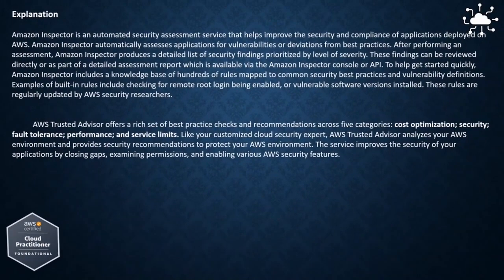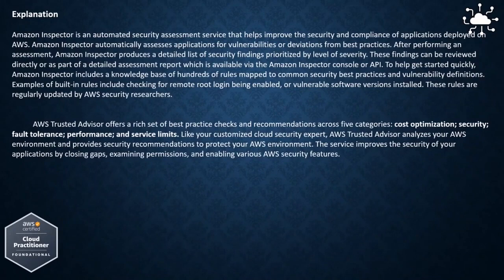Explanation. Amazon Inspector is an automated security assessment service that helps improve the security and compliance of applications deployed on AWS. Amazon Inspector automatically assesses applications for vulnerabilities or deviations from best practices. After performing an assessment, Amazon Inspector produces a detailed list of security findings prioritized by level of severity.